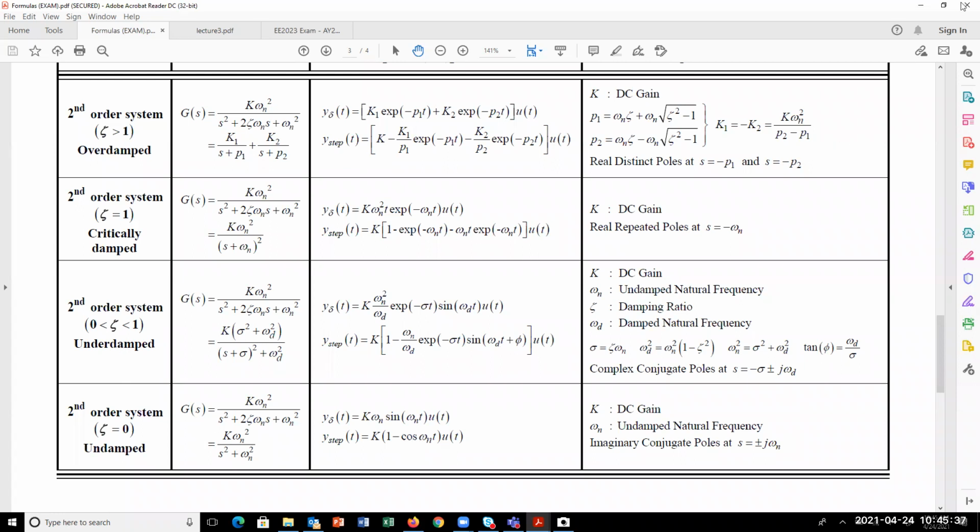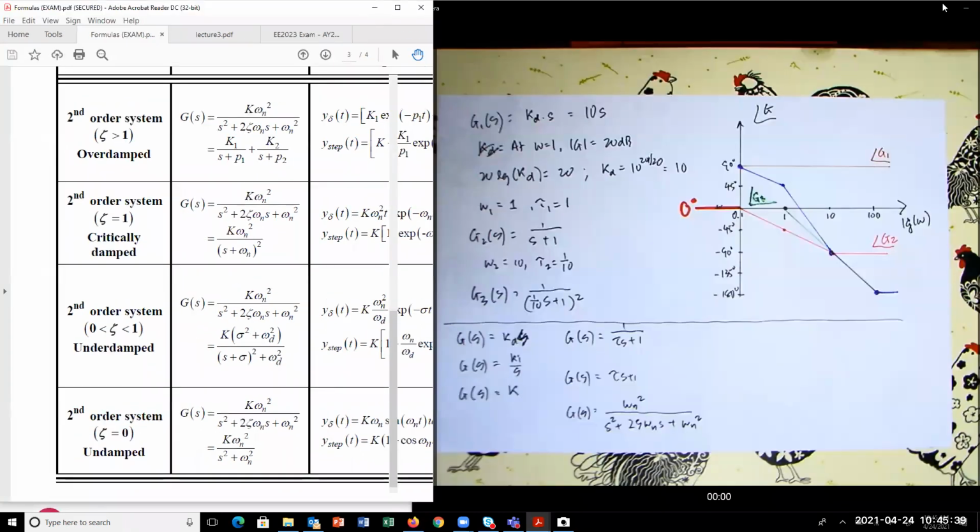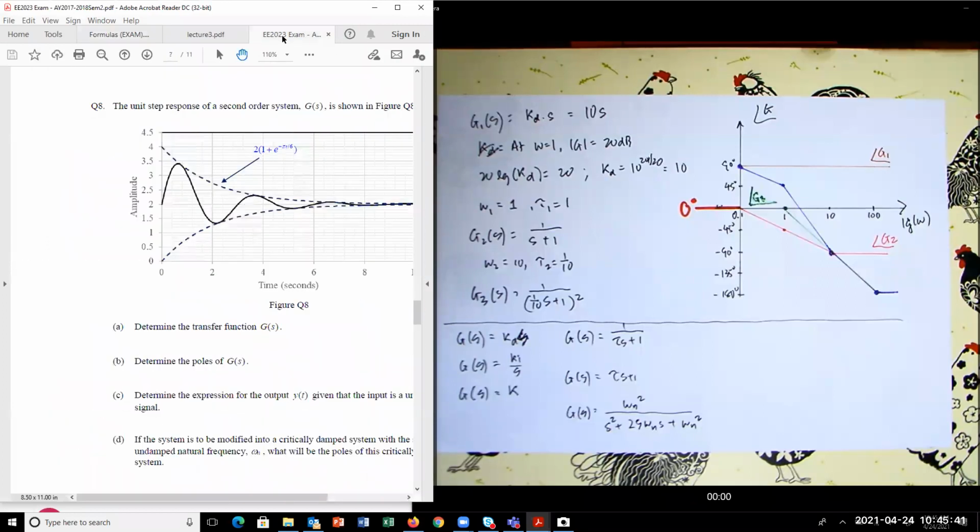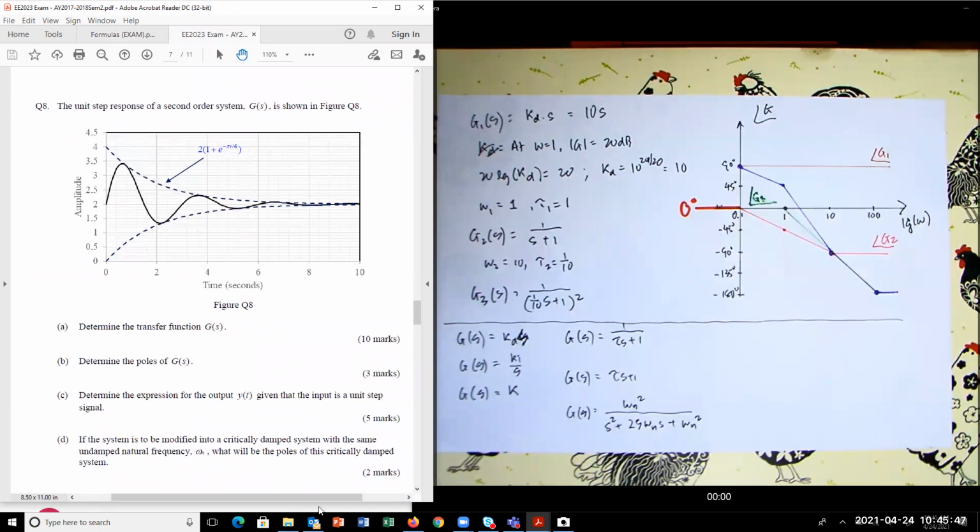Given this relationship, we come back to the question now. What are the things that we can find? We can find K, because K is the steady state value here, which is 2. So K is known.